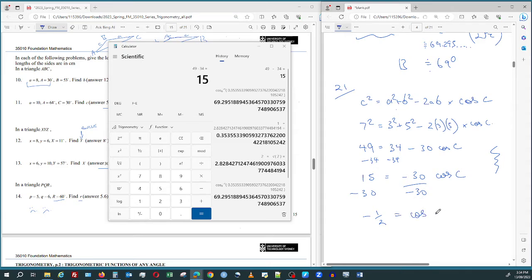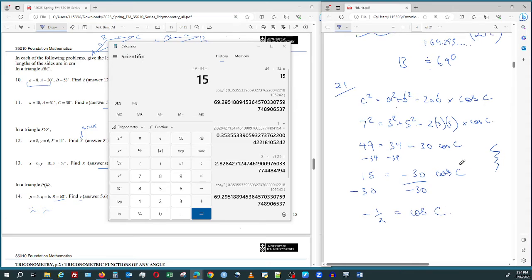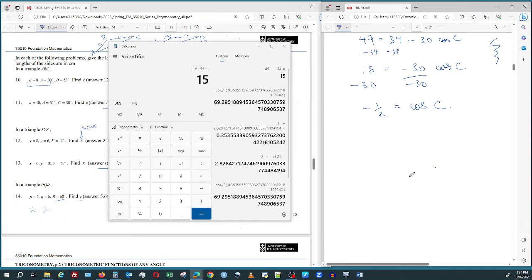Exact values trig time. Where is cos minus a half? In other words, where is x? So I could do all of that, but I'm going to say by exact values trig, it's minus a half. So I'm going to do it differently.